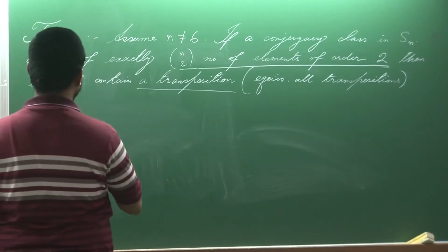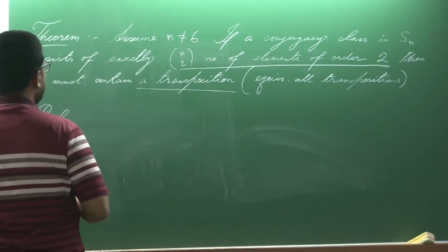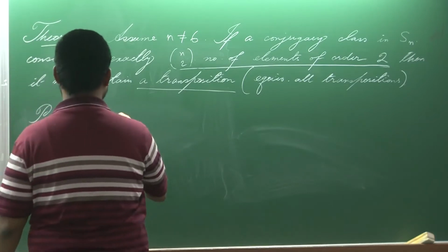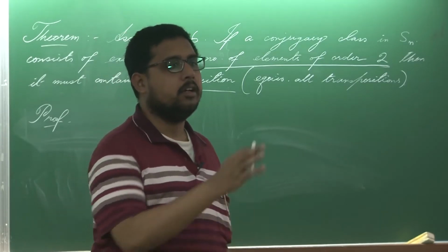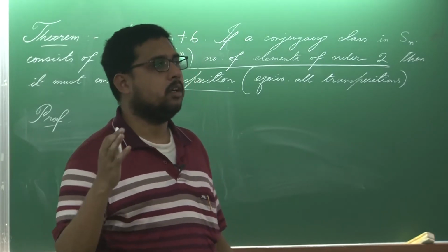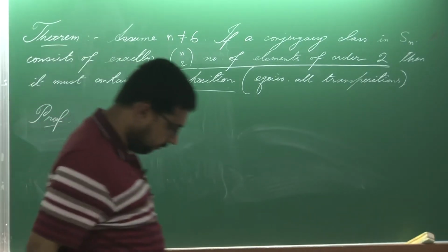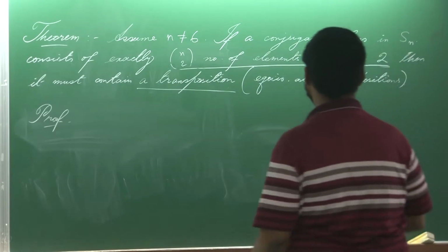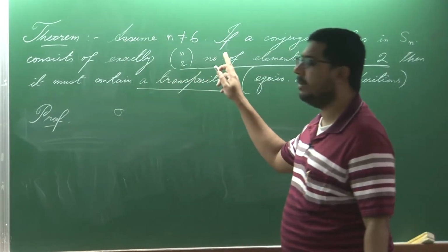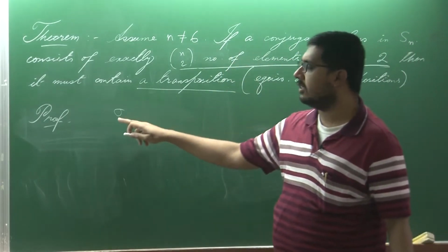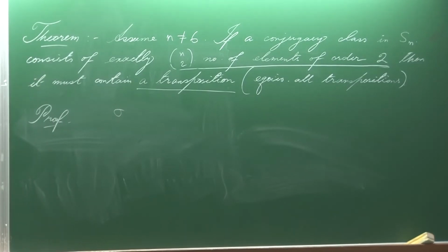Let us start. Pick an element from that conjugacy class. Since this has order 2, let sigma be an element from the conjugacy class. Since sigma has order 2, sigma will be some number of disjoint transpositions.